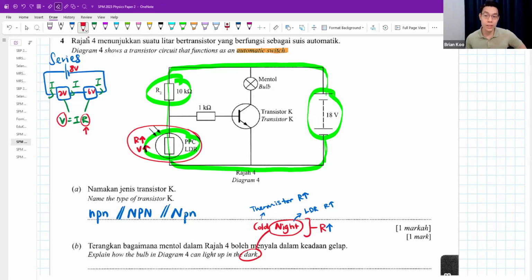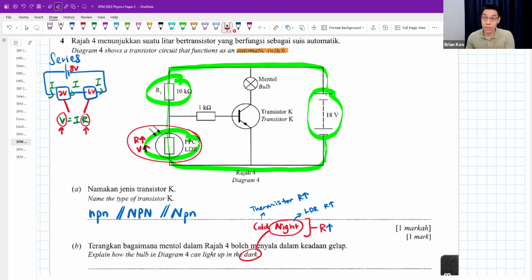If you have a bigger resistance, then you will have a bigger share of voltage. That's how we do it. So always remember, for this kind of automatic switch circuit, higher resistance means higher voltage. Lower resistance means lower voltage. You will get a bigger share out of the 18. 18 will split. It doesn't always have to split 9 volt, 9 volt. It can be any splitting.